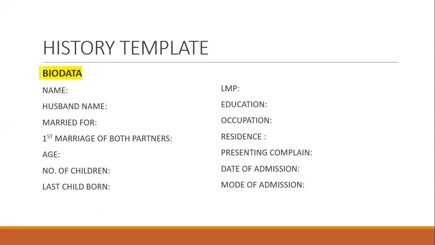The biodata includes name, husband's name, married for how long, whether it is the first marriage of both partners or not, the age of the patient, number of children, last child born, the year or how many years ago, the date of last menstrual period (LMP), education of the patient, to know how we can talk and deal with that patient and at which level, occupation of the patient, the residence, presenting complaint, and if the patient is already admitted in the ward and you are taking the history for your exam purpose or for completing your records, ask about the date of admission and mode of admission.